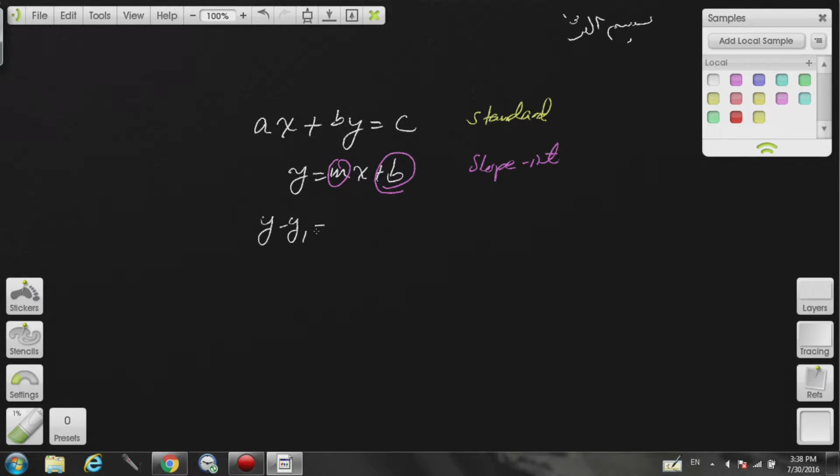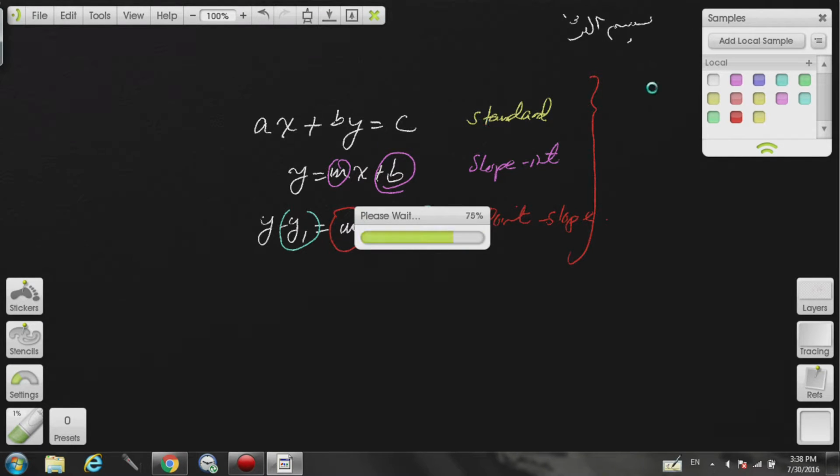And y minus y1 equals slope times x minus x1. This is the point-slope form of writing an equation of a line. It is imperative that you understand this and know this thoroughly before we go on.